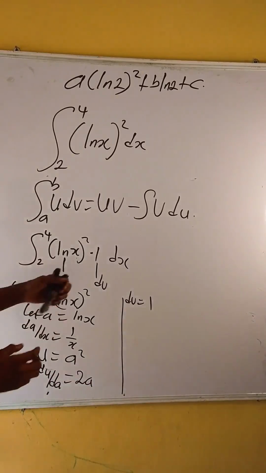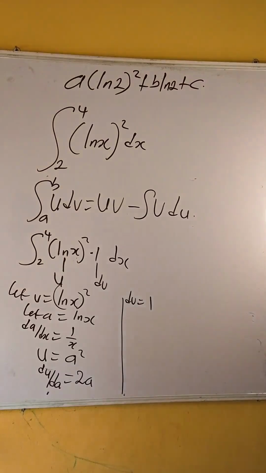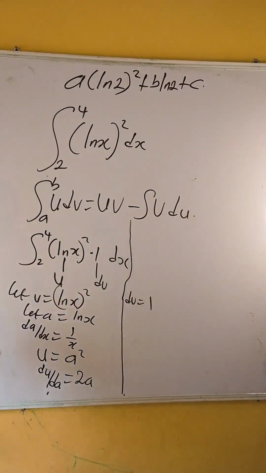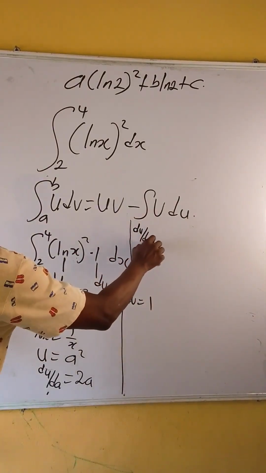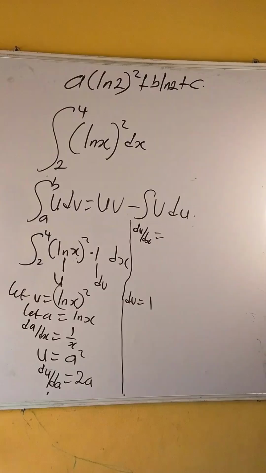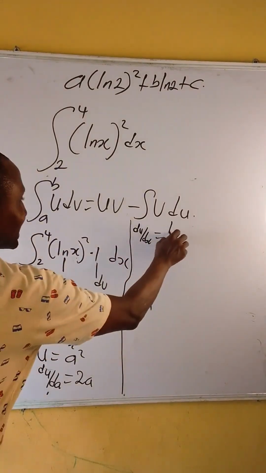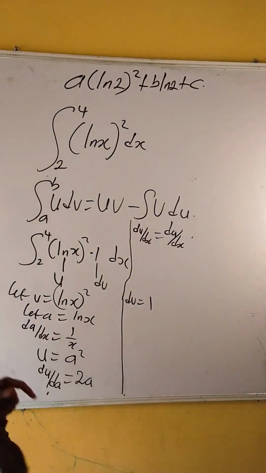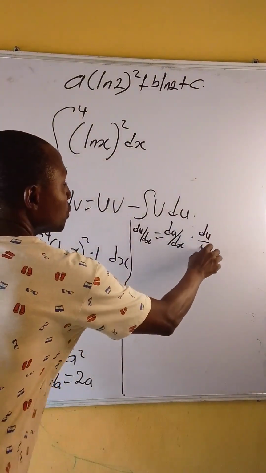Now let's continue here so that we can get our du/dx. To get my du/dx, I am going to multiply what I've gotten: my dA/dx multiplied by du/dA.